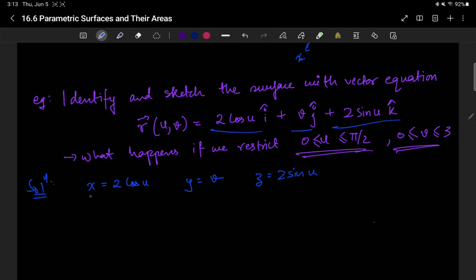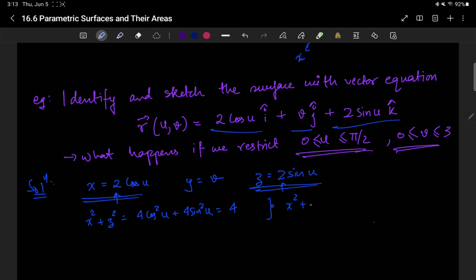Now immediately, one thing that we observe is x and z have cosine and sine with the same coefficient 2, which means that if I square these and add them up, I expect something nice to happen, and it does happen because I get 4 cosine squared u plus 4 sine squared u, which is 4.